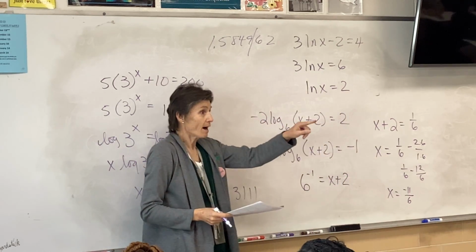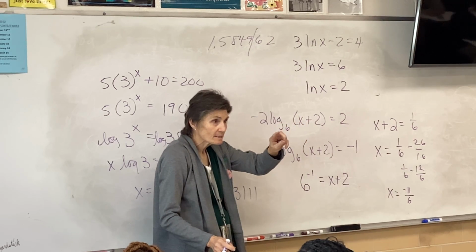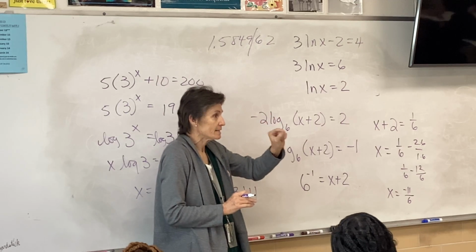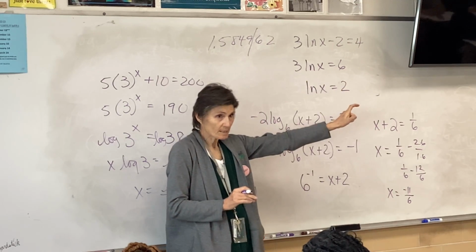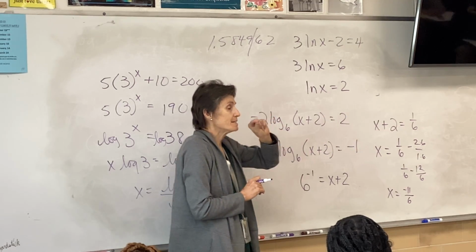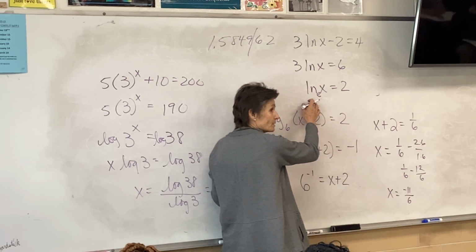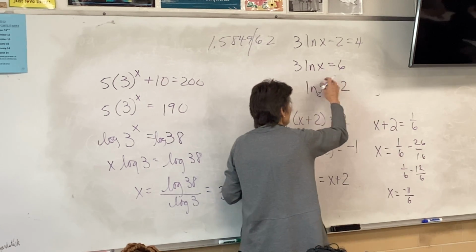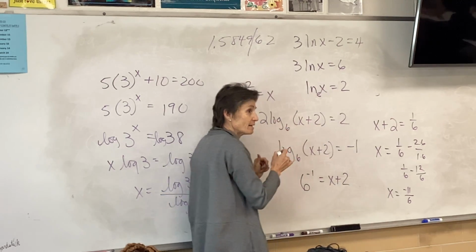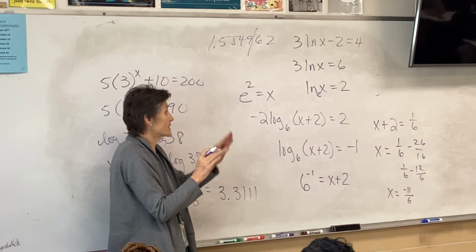And then, what's ln stand for? Log base e. Log, common logarithm, base 10. Ln, natural logarithm, base e. So there's like an e there. So when I loop-de-loop it, I get e to the second equals x. Now, no calculator, we're done.